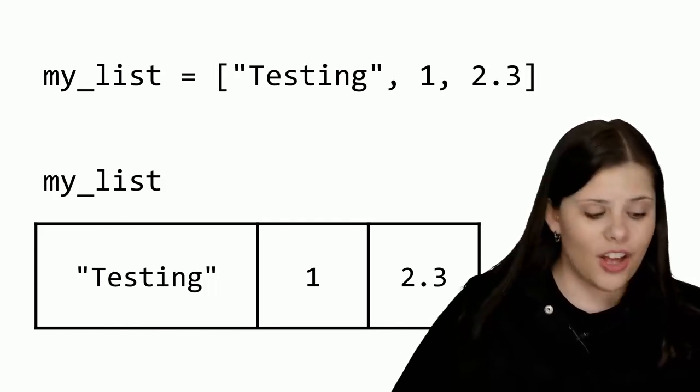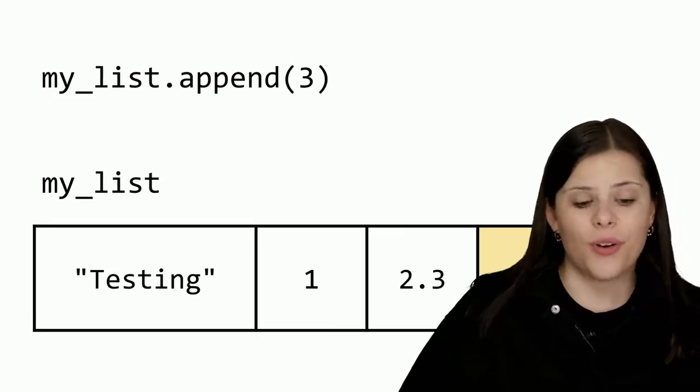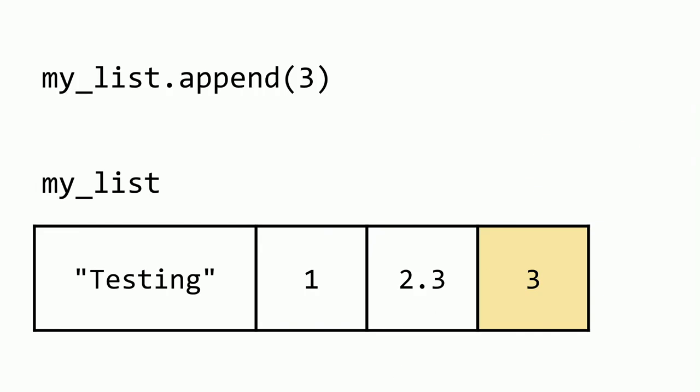But in Python now, all it takes to add another element to the list is one line of code. If I simply write my list.append, and inside of the parentheses I put the value or the element I would like to add to the list, that is all it takes.